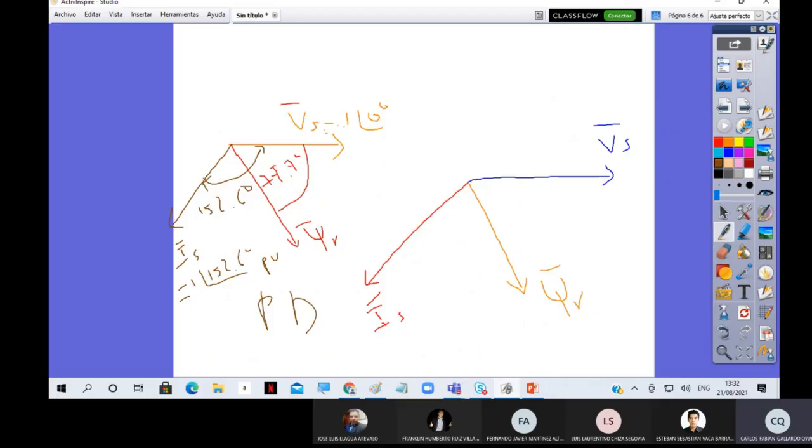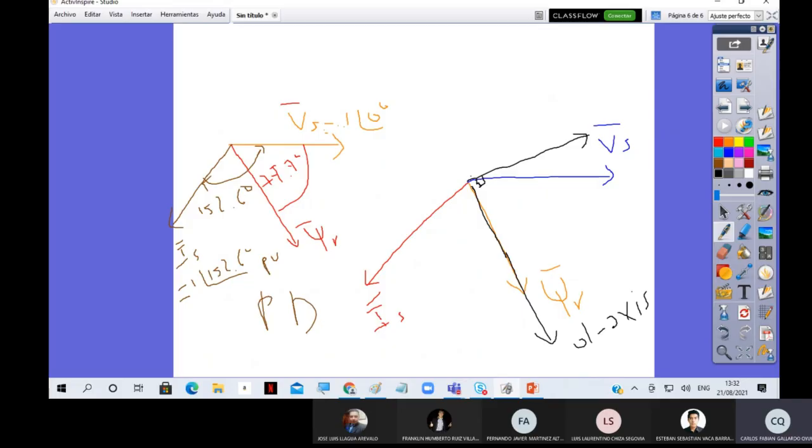So I will have here the D axis. Yeah, I will have here the quadrature axis. This is 90 degrees.